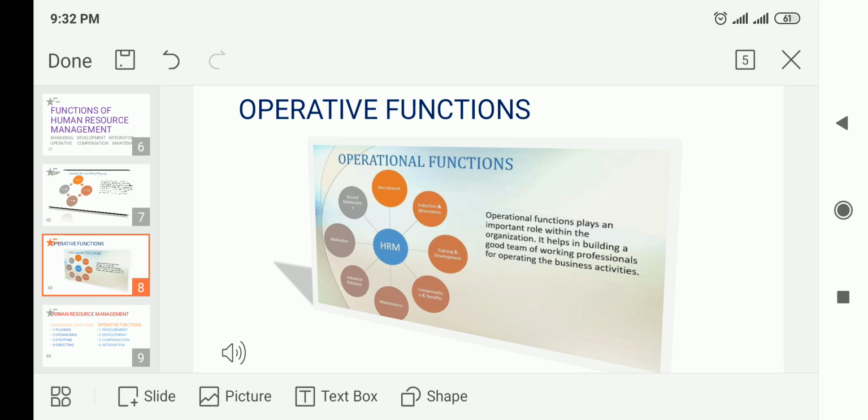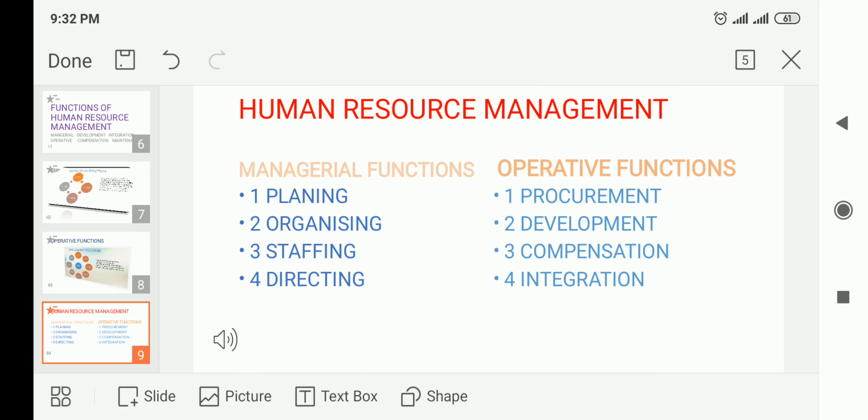Question number 4. What do you mean by operative functions? Question number 5. What do the operative functions include? Question number 6.